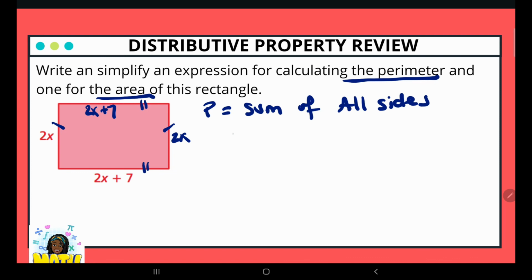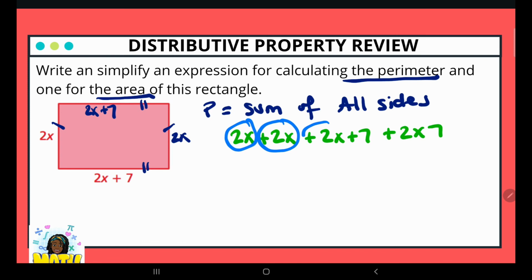So I have 2x plus 2x plus 2x plus 7 plus 2x plus 7. And now I can go ahead and combine my like terms. So I have 2x, then a positive 2x, positive 2x, positive 2x. I forgot to include my plus sign here.